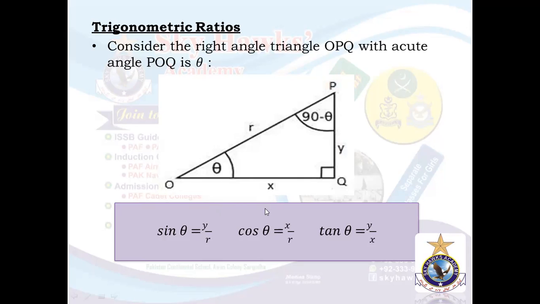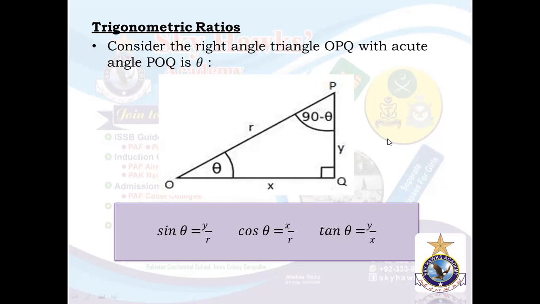Tangent is opposite over the adjacent, TOA. So tangent is opposite over adjacent. In this way, that was just a reminder.